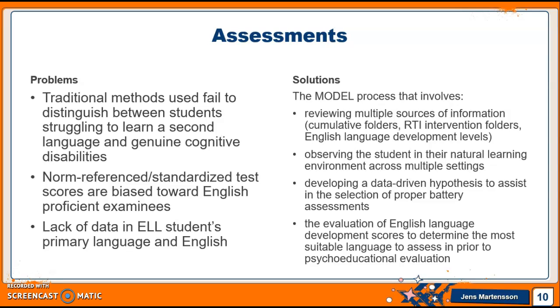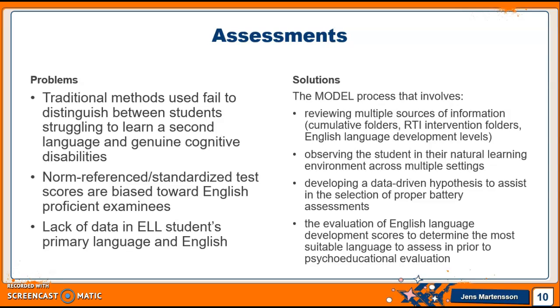The solution was a systemic model that involved reviewing multiple sources of information, not just standardized test scores, but their cumulative data over the years, like their student folders. Observing the student in their natural learning environment across multiple settings, not only the setting that's being referred for, like math and reading, but across all settings, even extracurricular activities and electives, seeing how they're progressing in all of their settings in school.